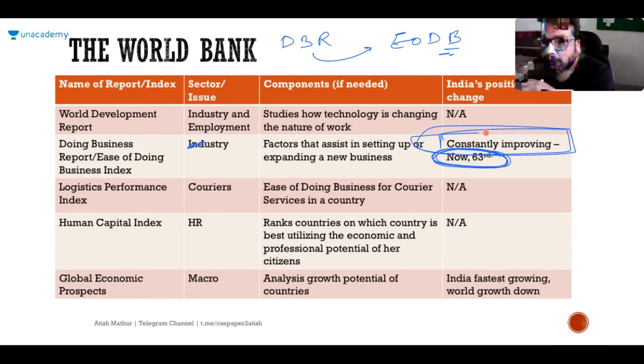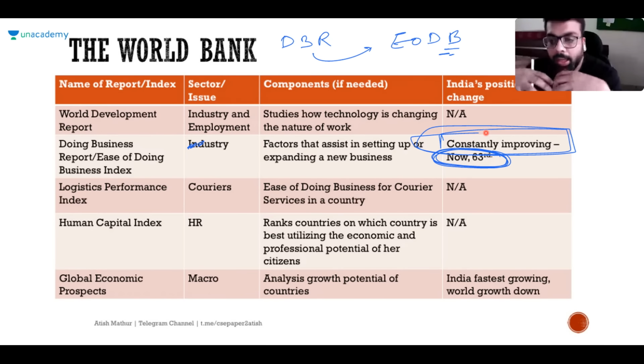FedEx, DHL, Blue Dart, First Flight. These are logistics companies. Logistics companies drive businesses because they are responsible for the transportation of shipments from point A to point B.